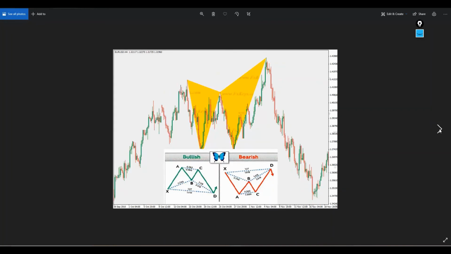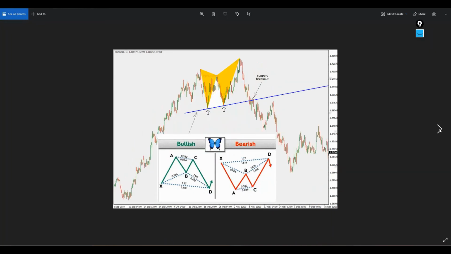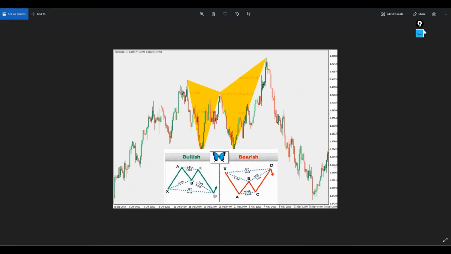All right, so what I wanted to say is that the classic way is this: by the end of the extension, forming the pattern, for example here, we're going to sell the market. And then we can just get about this much or this much of a target.